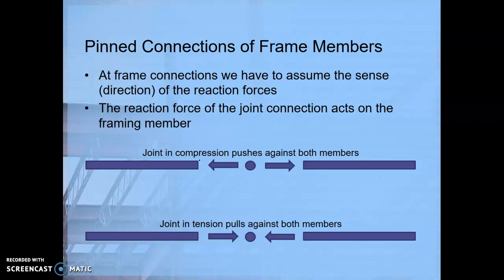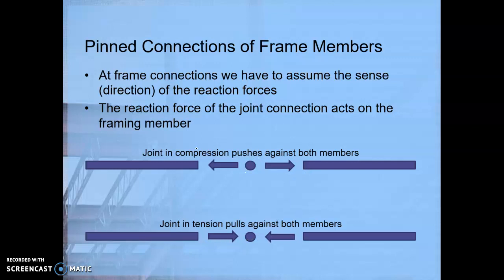We can't necessarily say it's in compression, but what we can say is that if a joint is affecting one frame member in one direction, like here horizontally to the left, then it is pushing against the adjoining frame member in the opposite direction. So it's pushing out in both directions, or it's pulling in both directions.